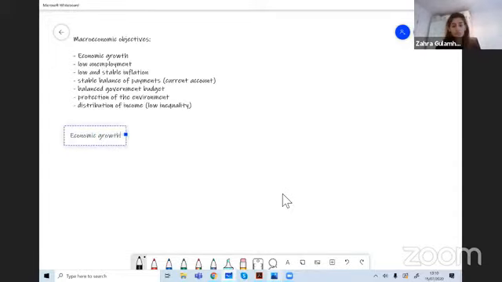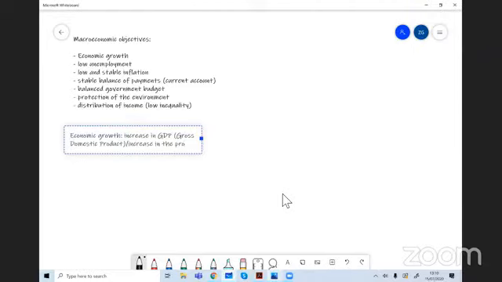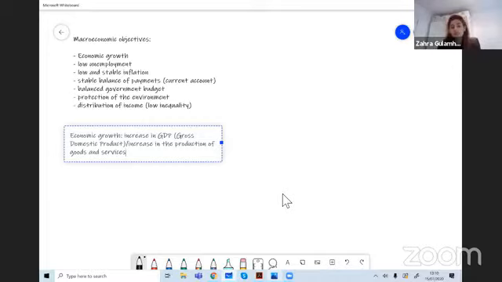When we say economic growth, we look at the increase in GDP levels, GDP being gross domestic product, which is the increase in the production of goods and services in an economy, usually measured over a year, can also be done monthly. So we're looking at more production.